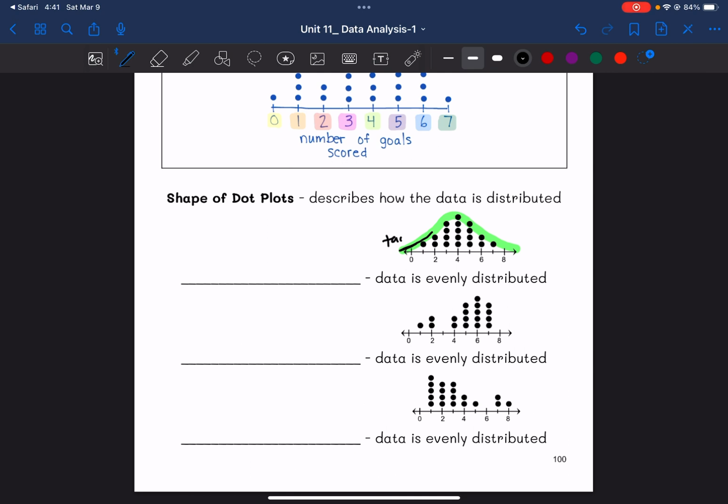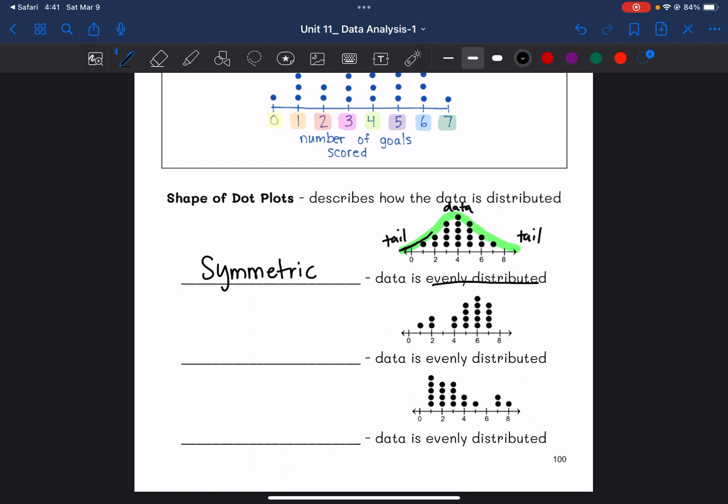That is called a tail, and so is it over here. Okay, most of the data is right here in the middle. Okay, so here it's evenly distributed basically. Okay, this is called symmetric. This is a symmetric dot plot.